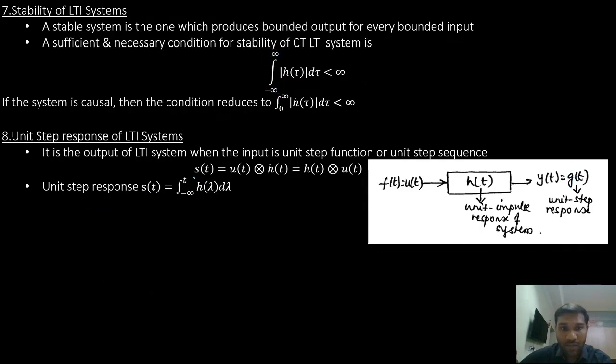Now, S of t is nothing but convolution of U of t and impulse response. How? We have already defined that for any given input, if you want to find the output of the system, we'll just convolve the input and the impulse response. That is, y of t is equal to x of t, which is my input, or f of t, you can consider anything, convolved with impulse response h of t.